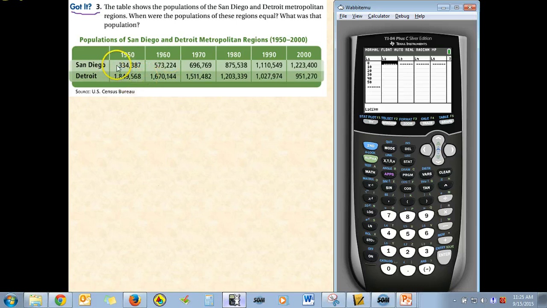So list 2, I'll do these in millions also, where this would be 1.8 million, but this would be 0.3 million. So L2 is going to be San Diego, so 0. Maybe I'll do 2 decimal places on this one. 0.3 and 0.57.